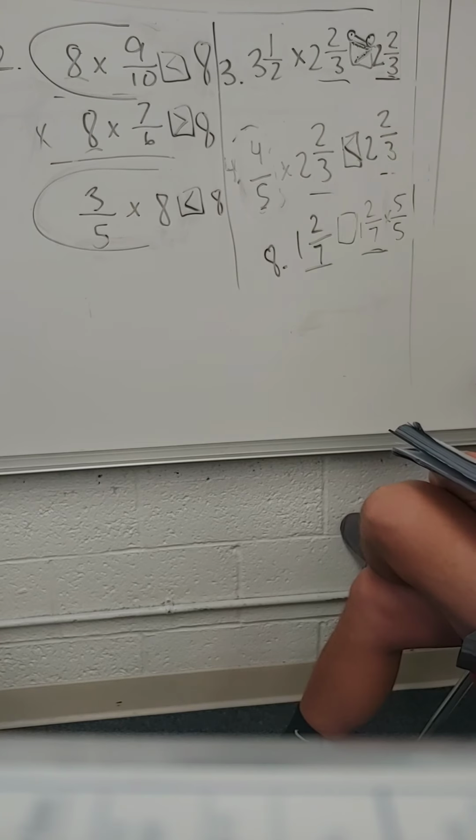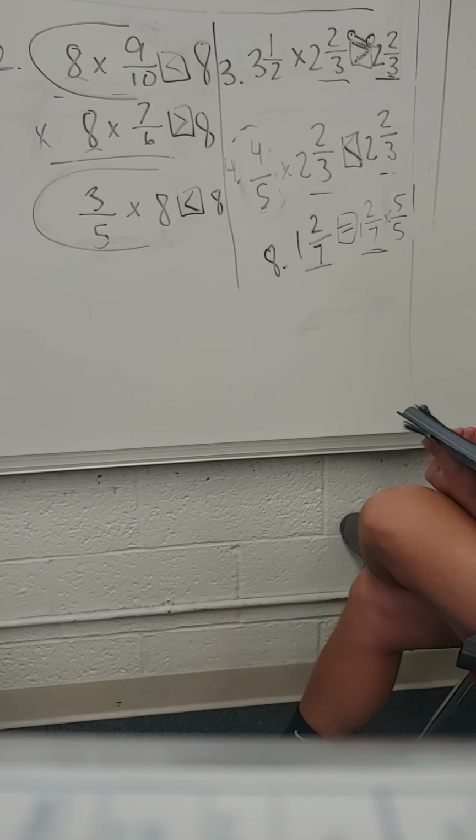Well, 5/5 happens to be equal to, you guessed it, 1, right? This is the same thing as 1 when the numerator is the same as the denominator. So when you multiply that by 1 2/7, you're going to get 1 2/7. So these sides are going to be equal. Okay? And you'll run into several answers that are equal on your homework.